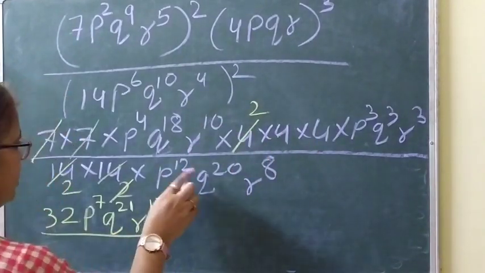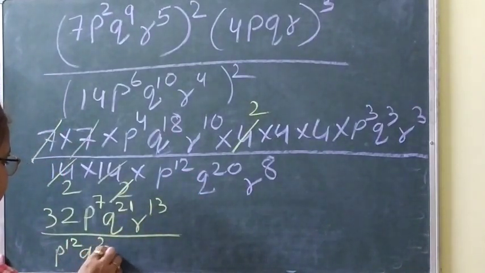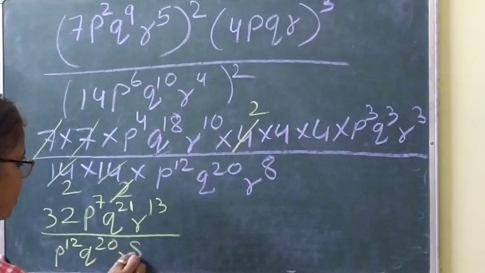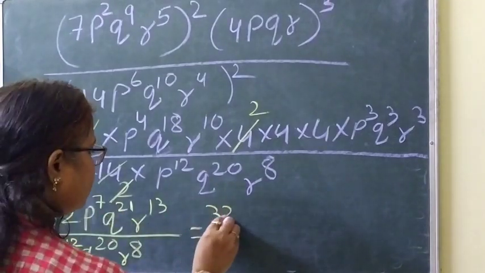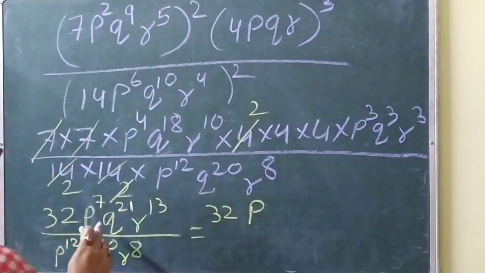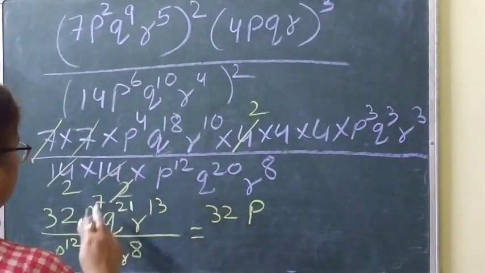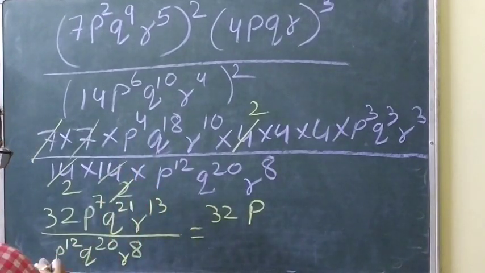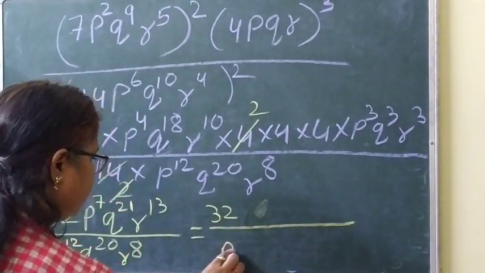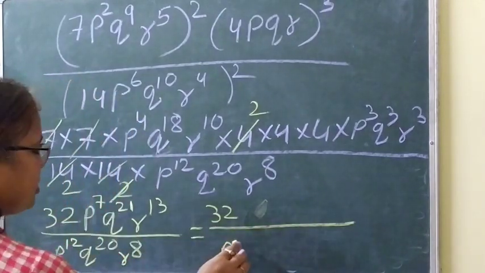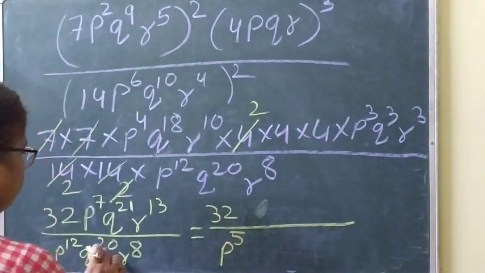Divided by p to the power 12, q to the power 20 and r to the power 8. What will we do? We will subtract. So 32 p to the power, which one is greater? 4 and 3 is 7, this is greater, means 12 is greater. So we will not write p here. We will write p in the denominator. So 12 minus 7 is what? 5. Okay. Then q.